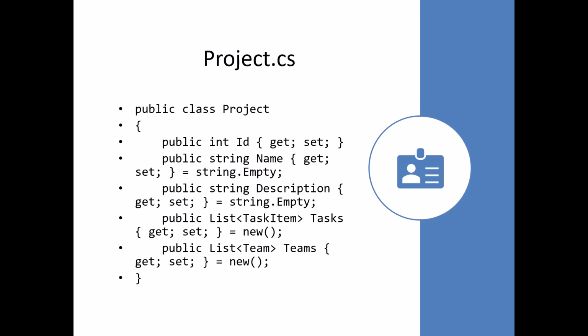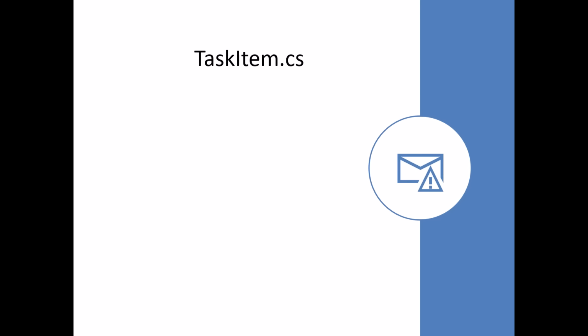So we'll keep it clean by using Fluent API to configure relationships, but that will be in the next videos. So let's go over the next item.